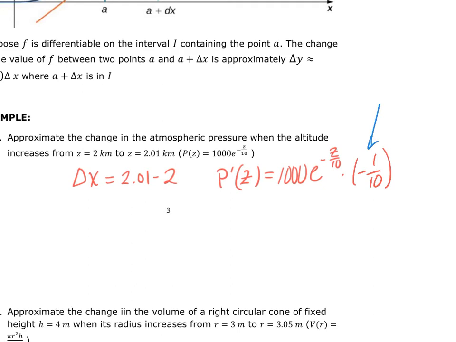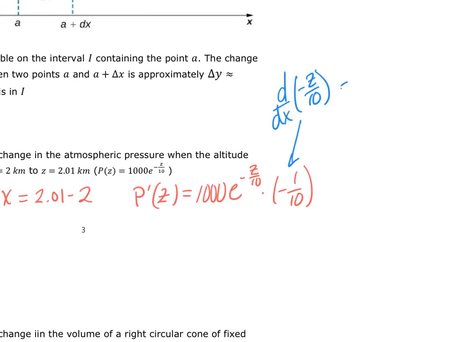This is d dz of negative z over 10, which is the same thing as negative 1 over 10 times d dz of just z. This is with respect to z. The derivative of z with respect to z is just 1. So that's why it is the negative 1 over 10.